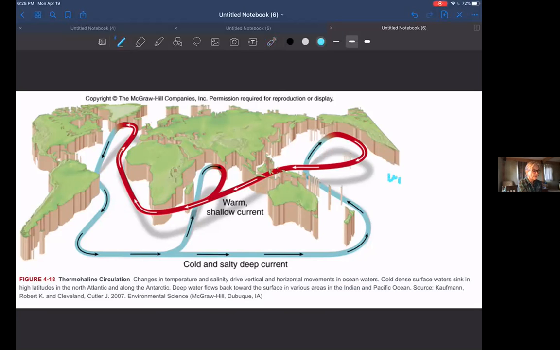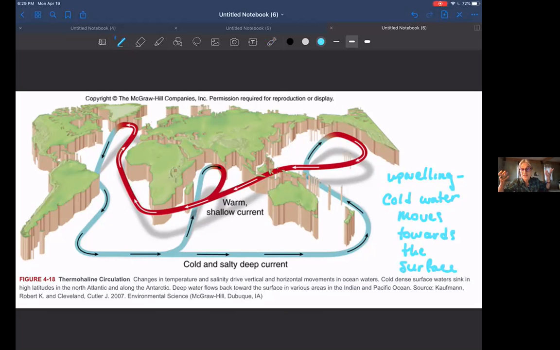An upwelling is where cold water moves towards the surface. And so there's an upwelling off of our coast that brings nutrient-rich waters to the surface, and it helps to support the abundant ocean life that we have off the Pacific coast because of that cold upwelling of water.